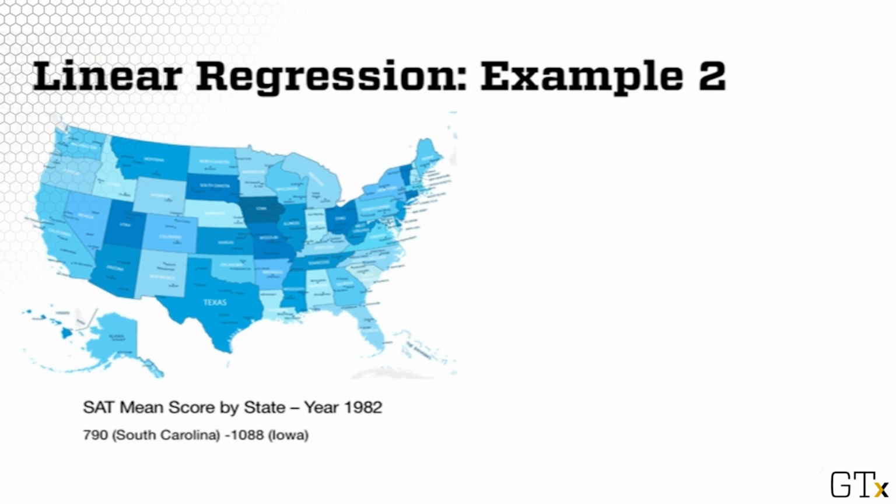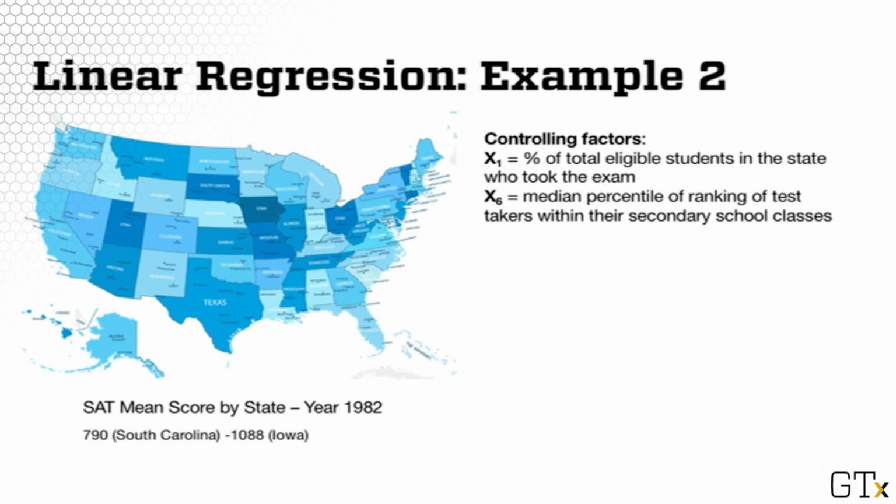We're now going to look at the different roles that predicting variables take in the second example, where we want to analyze the variation of SAT scores across states with respect to different variables. In this example, we will examine the compositional and demographic variables to see to what extent these characteristics were tied to SAT scores.